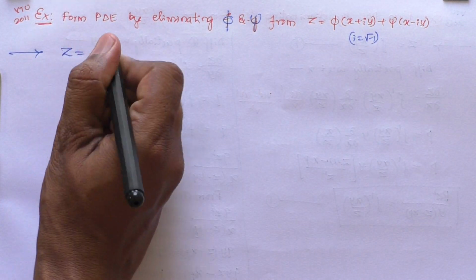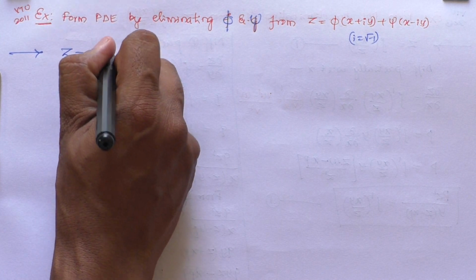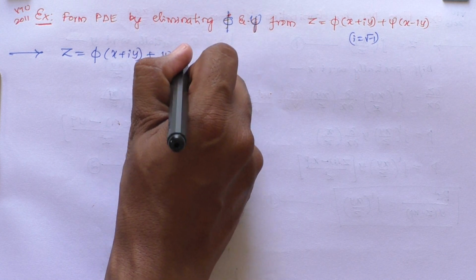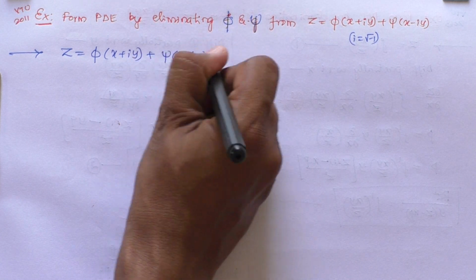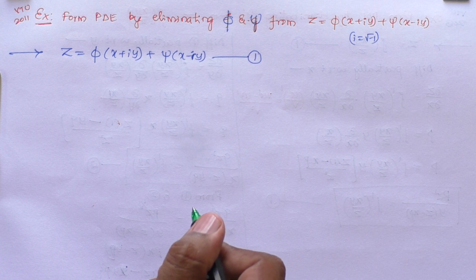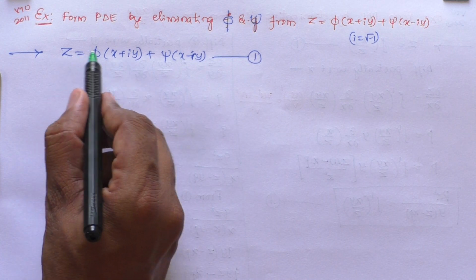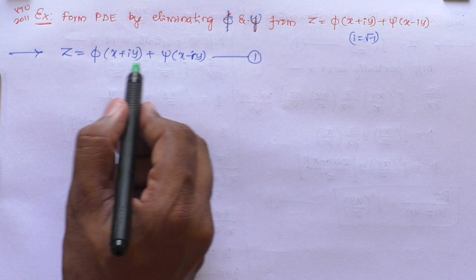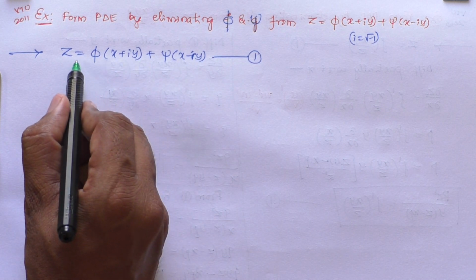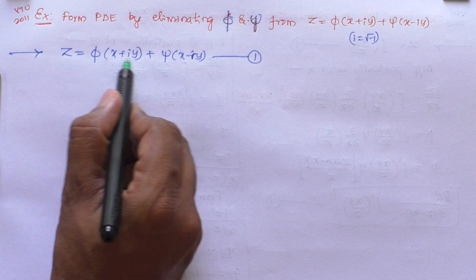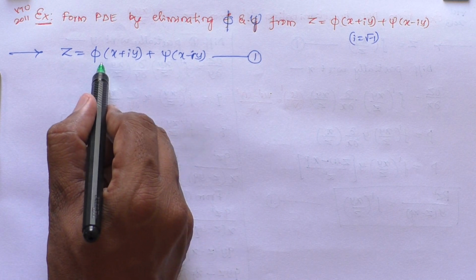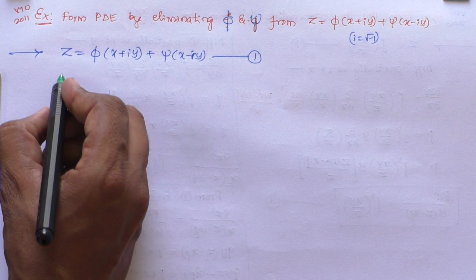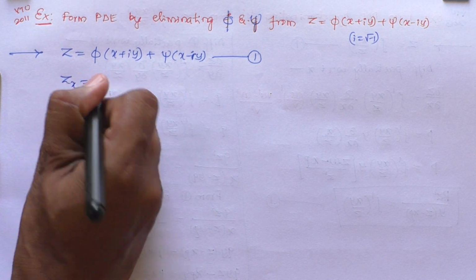Take the given equation as equation number 1. Here z is expressed in terms of two variables x and y. Differentiate with respect to x and with respect to y. When there are two arbitrary functions, go for second order partial differentiation. So let us go for zx.